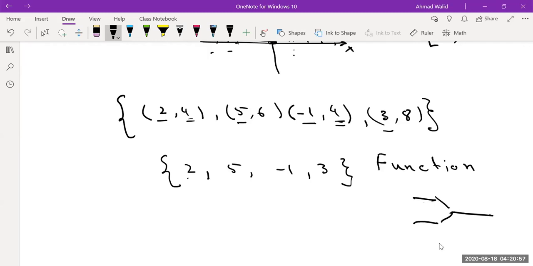Your first car is 2, the other car is -1. 2 cars at the same time can go to one road, right? That's the illustration that I did for you. When you have repeating y, no problem. Later, when we discuss one-to-one functions, that definitely we will discuss, then yes, it's important. But right now, to understand if it represents a function, yes or no, just check the values of x.